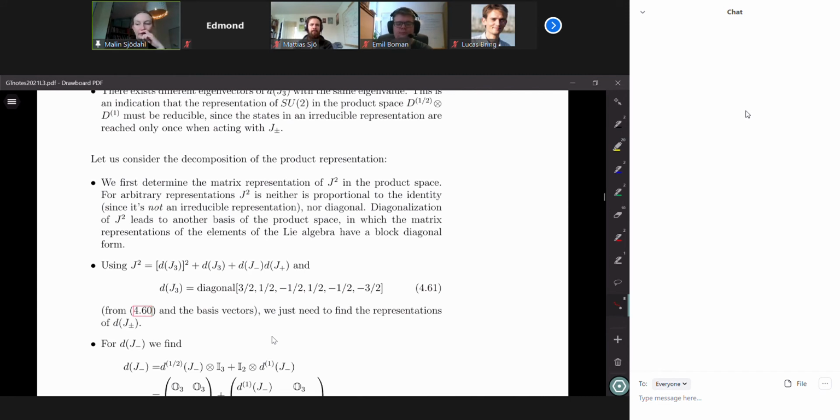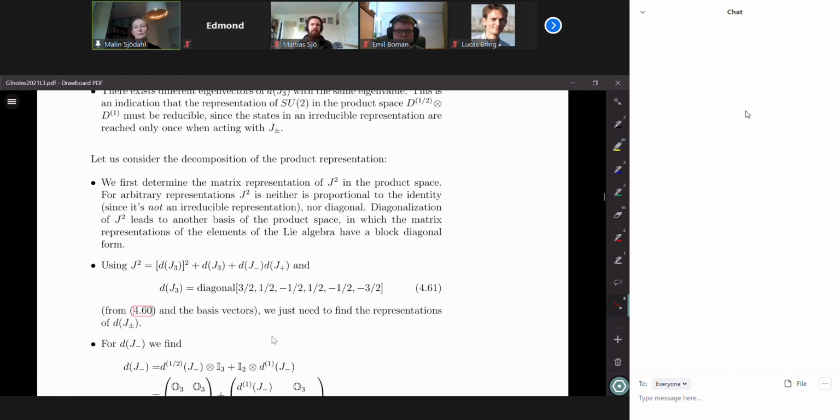Although we had eigenvalue bases for J3 in the 1 space and in the 1/2 space, the direct product basis will not be the eigenvalue basis that we're looking for.